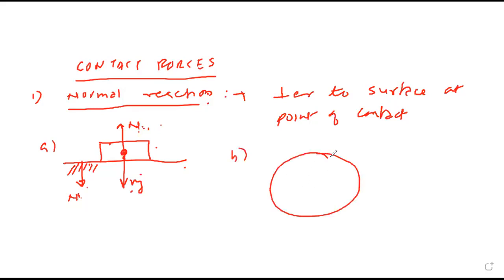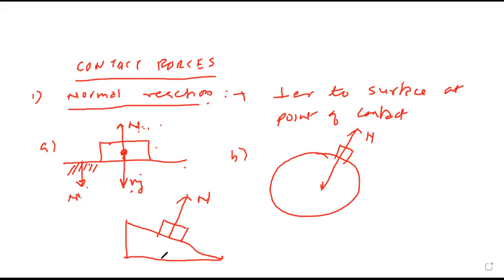If this is a circular surface, here I place the body, then normal reaction will be perpendicular, that means passing through the radius. In the third case, this will be the normal reaction perpendicular to the surface.